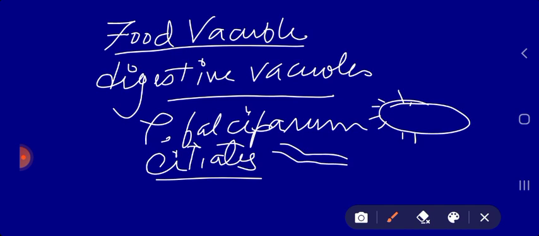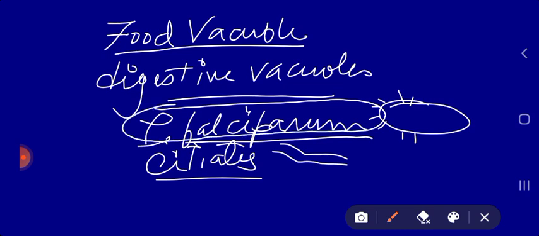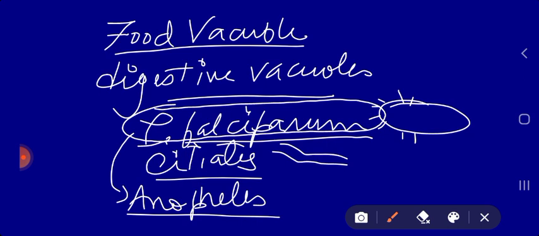And as we know, Plasmodium falciparum, what do they do? They cause disease. They are actually found within the mosquito called Anopheles mosquito to cause you malaria.